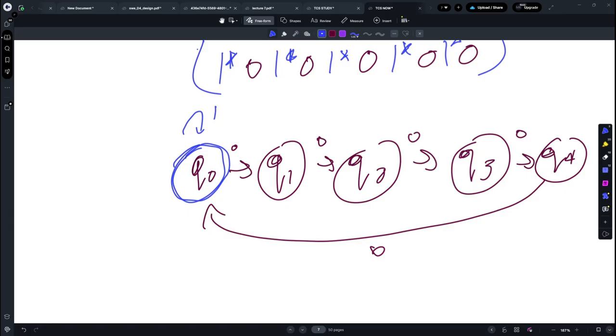Then it goes one step ahead, but here notice that the sequence doesn't matter, meaning you can just do it like this, and the sequence does not matter. You can read a number of zeros that will always be divisible by 5.